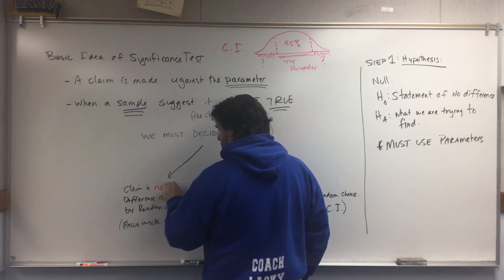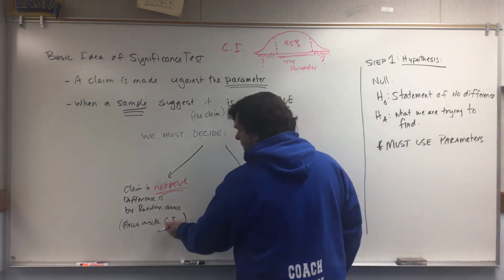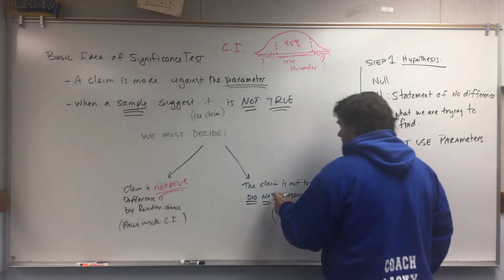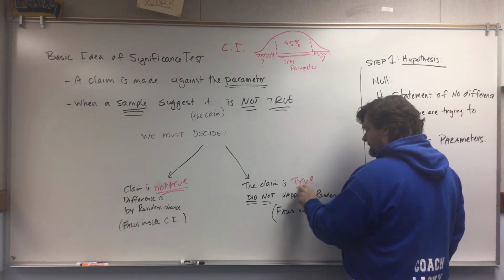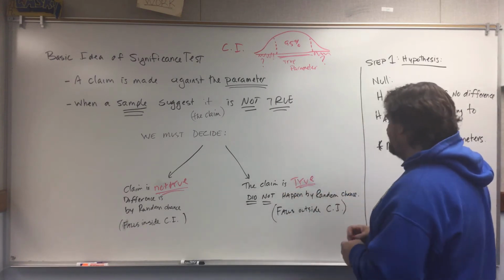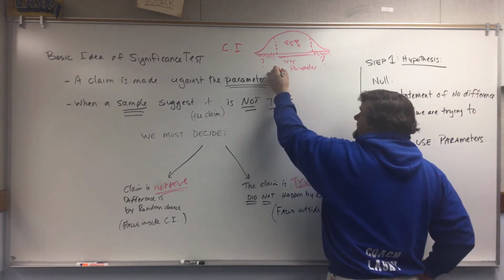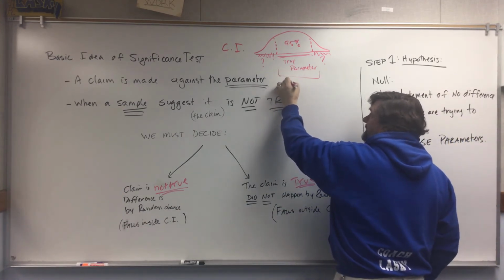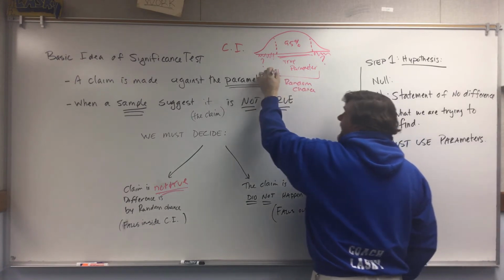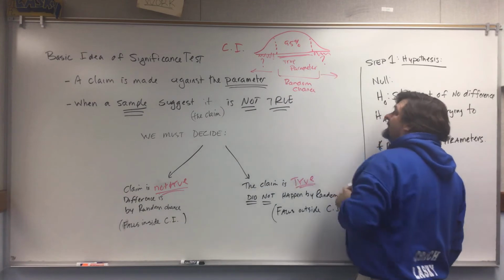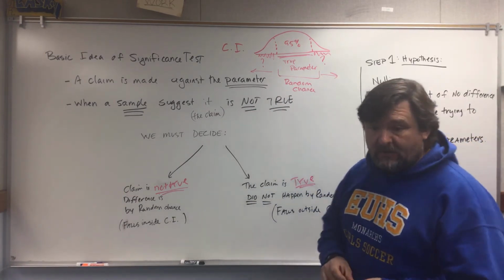No, I wrote it up wrong last night. So the claim is not true. It falls inside, and then the claim is true, and it did not happen by random chance, and it falls outside. So this whole idea is that random chance is right here, and outside of this is not random chance, so the claim against it is true, okay?